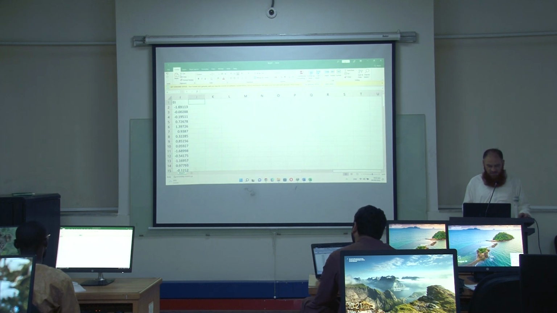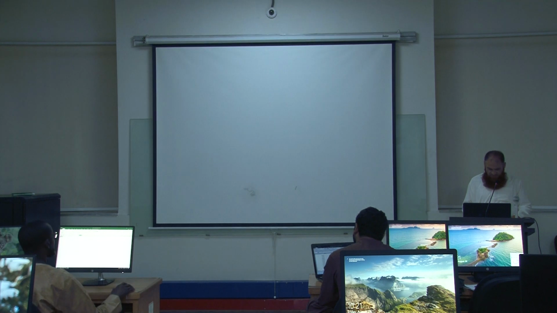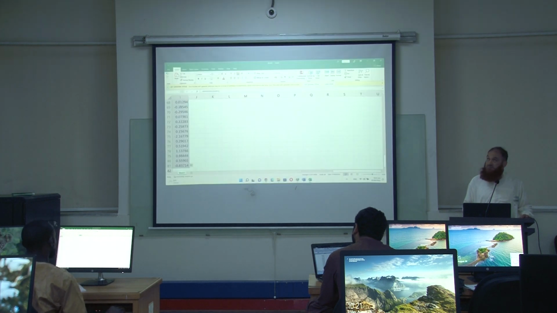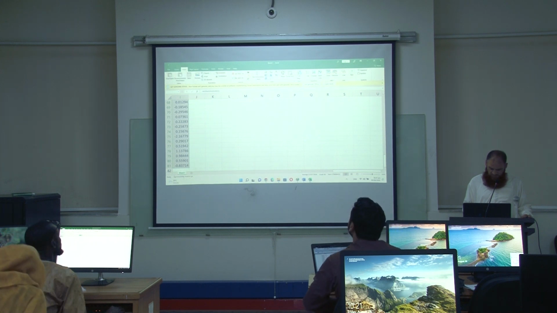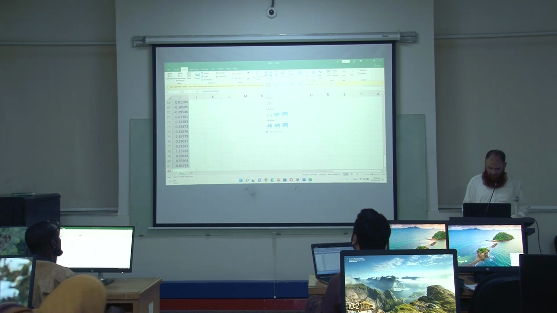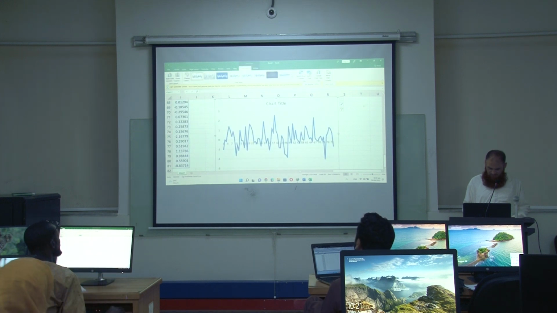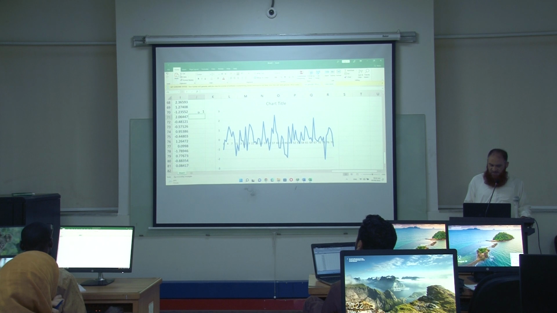For example, see, here I am making a graph. This is the graph I have made. Now I am writing here 1. I have made some change, the entire data will regenerate.